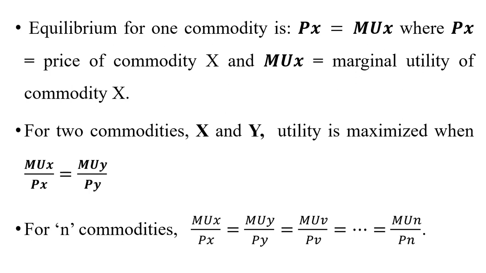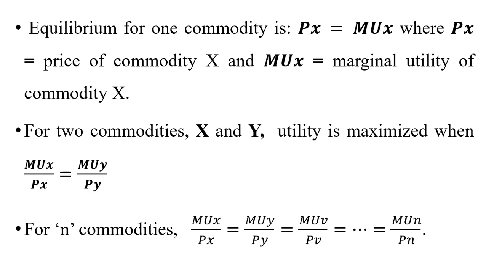The issue is that in the first instance we say the price of X is equal to the marginal utility of X. We can also say that the price of commodity Y is equal to the marginal utility of commodity Y. Now, if you divide the marginal utility of commodity X by the price of commodity X, you have 1.